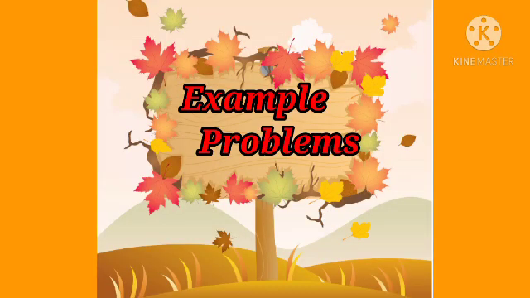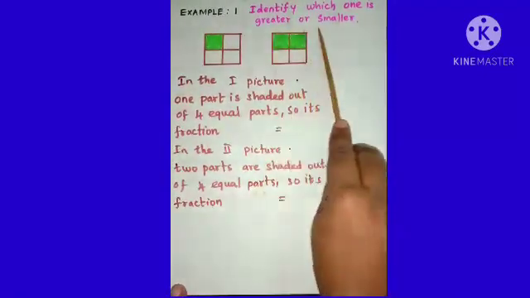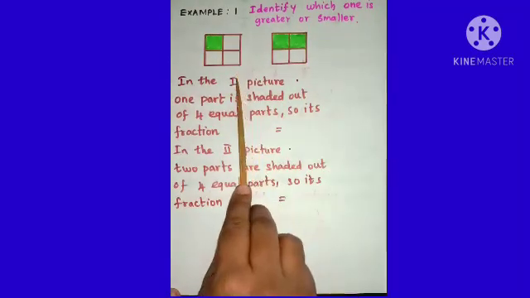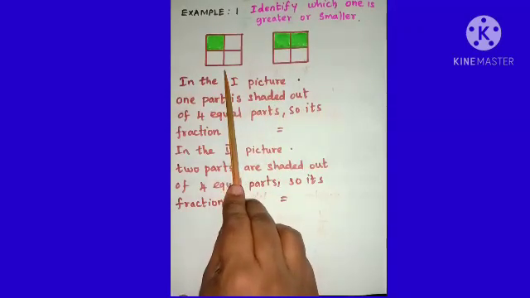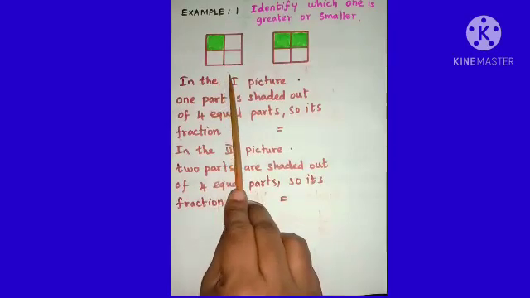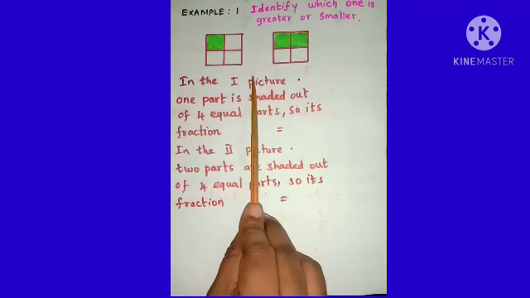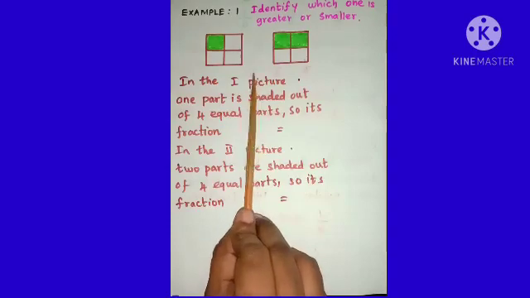Now, let us see example problems. Example 1. Identify which one is greater or smaller. Now, children, first see the picture and as a first step, write down the fraction. Okay, and then compare the numerators, and the fraction having greater numerator will be the greater fraction.